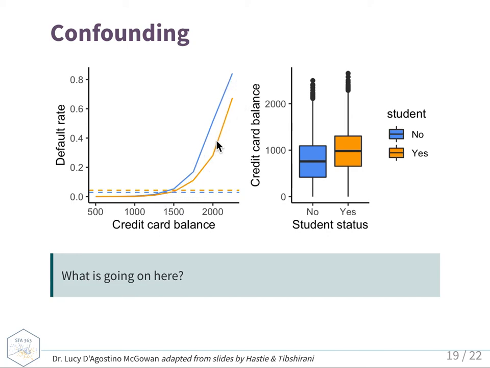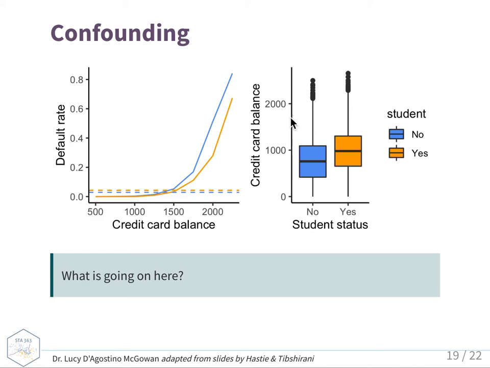So once we take into account credit card balance, students are actually less likely to default than non-students. We know that credit card balance is a good predictor for default rate from the previous slides. We saw that people with higher credit card balance were more likely to default.